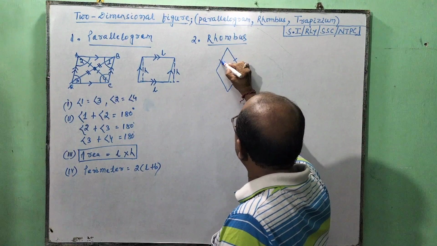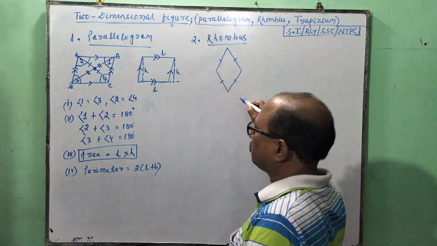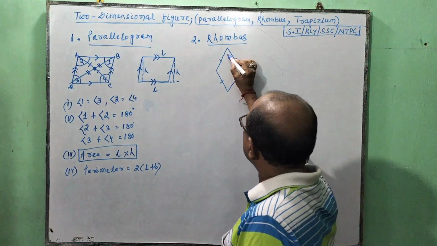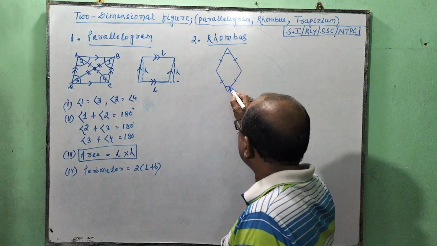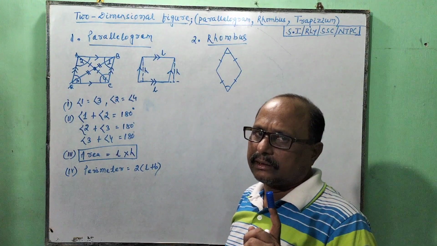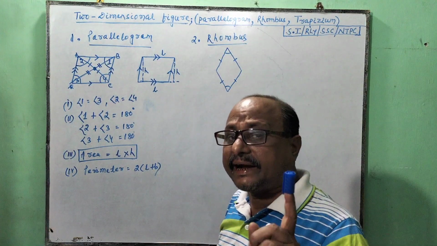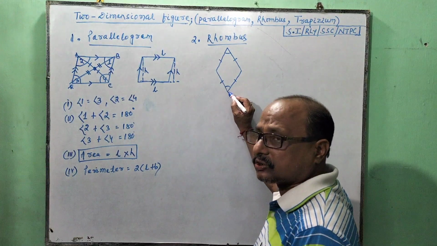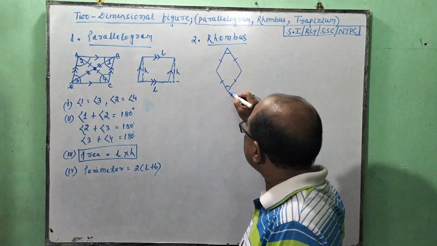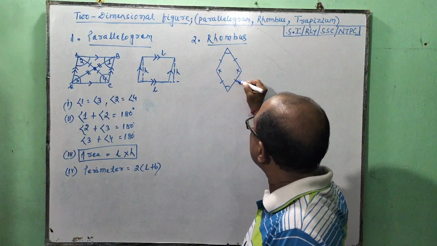Whose sides are equal, then it is a rhombus. There is a condition also. In case of the rhombus, the opposite angles are equal, but not 90 degrees. But in the case of the square, all the angles are 90 degrees. In case of the rhombus, all the sides are equal, opposite angles are equal.